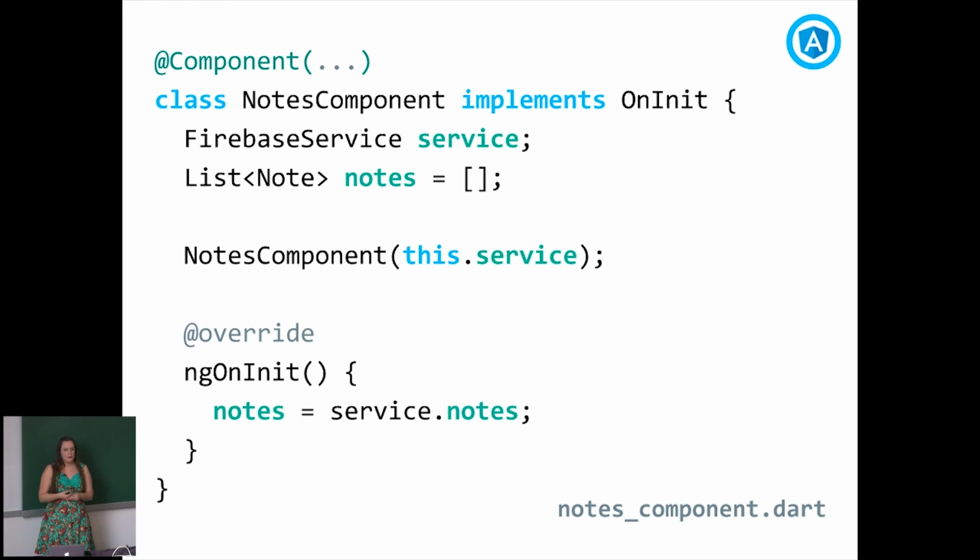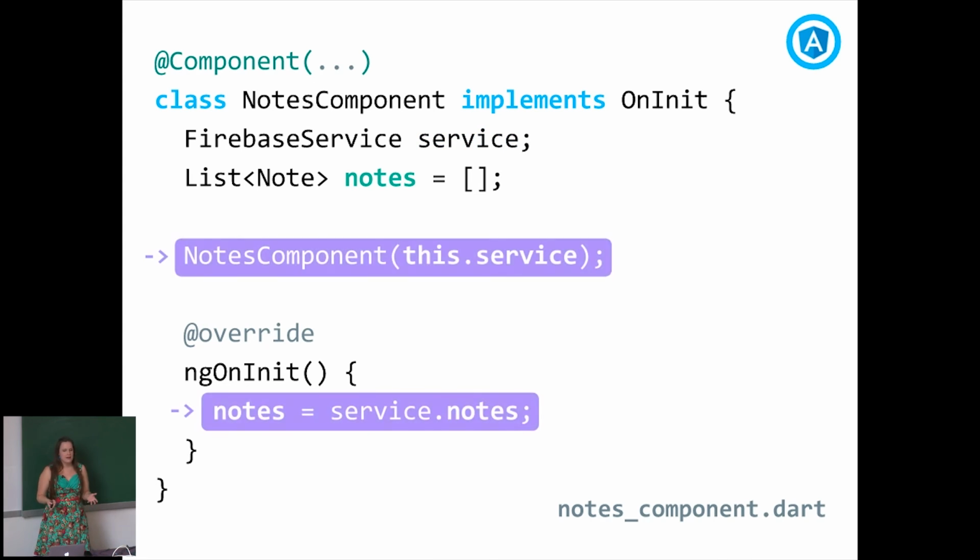My child component, the nodes component, can then use the service. How to use that? Well, I'll write a constructor. In the constructor, I will say I'm using this service. Then if I have the service, I can call any method from the service.